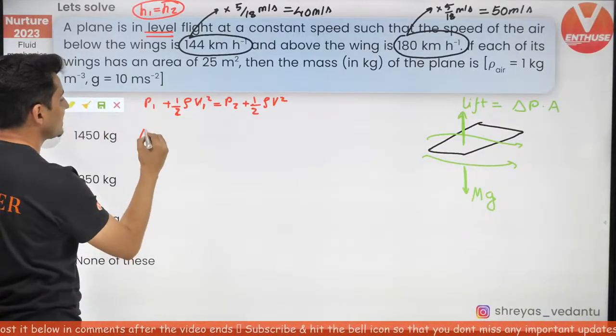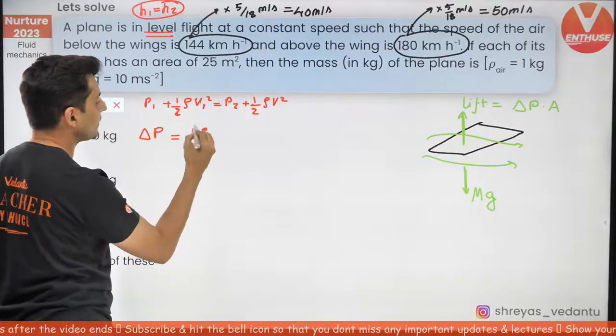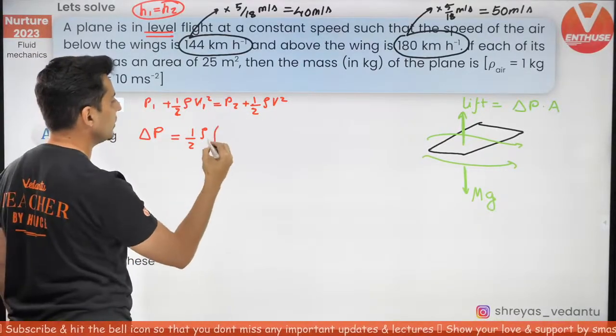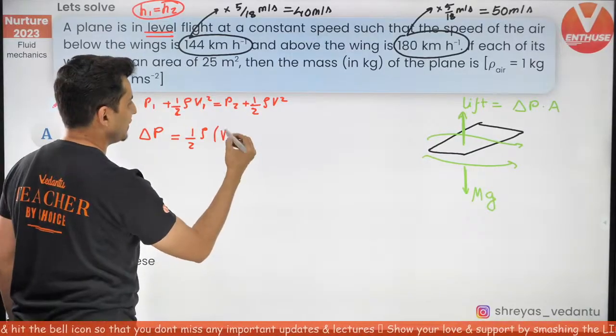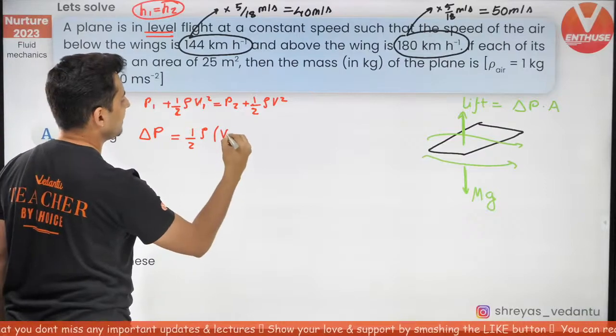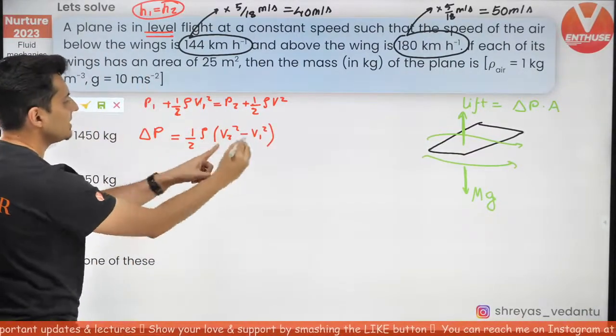So P1 minus P2 is basically half rho, common, into V1 square minus V2 square, or V2 square minus V1 square, whatever you want to call it. Bigger number minus the smaller number. That's what pressure difference is.